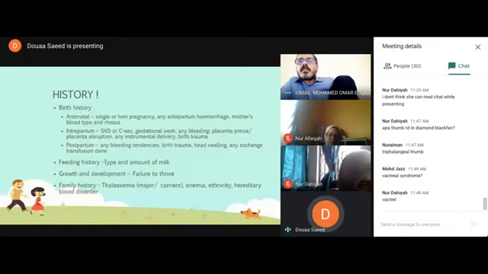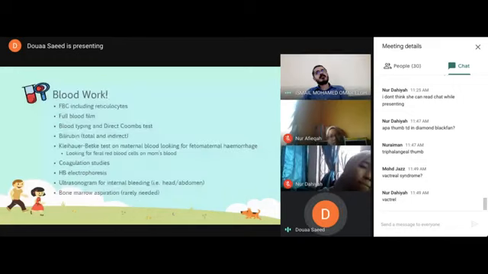So we move on to investigations. In investigations, you want to take a full blood count, including reticulocytes, a full blood film, typing and direct Coombs test, bilirubin, total and indirect, and you want to take the Kleihauer-Betke test.